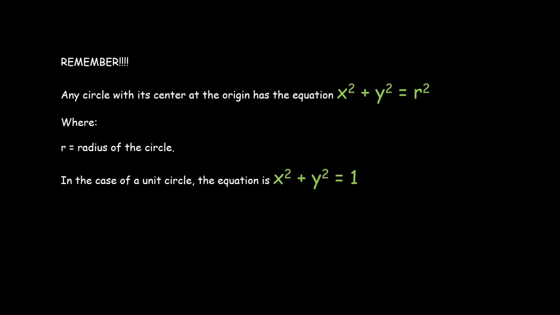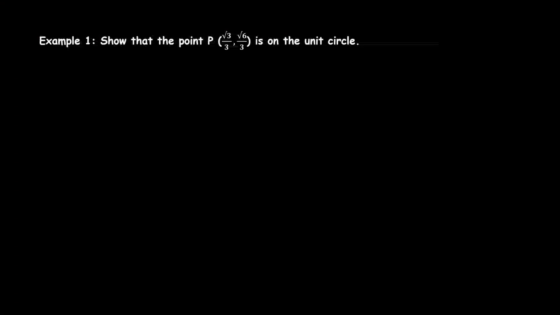So here we have our first example. Show that the point P, square root of 3 over 3, square root of 6 over 3, is on the unit circle. Here we have to prove that our point is on the unit circle.